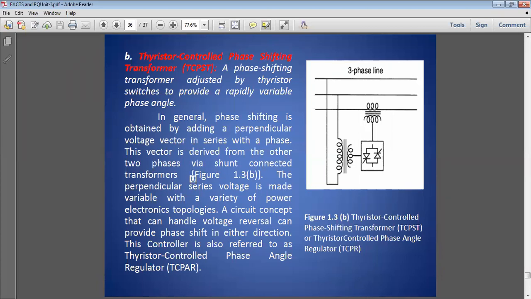We will understand this with the help of some diagram later, because this is just a brief discussion of different types of FACTS devices. With this mechanism of adding a perpendicular voltage vector in series with the phase, it is possible to change the angle delta, and by changing that angle delta, it can increase the power handling. It is one type of controller that can be used in the transmission system.